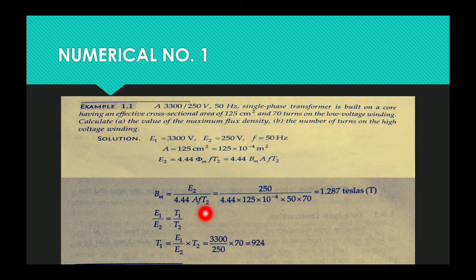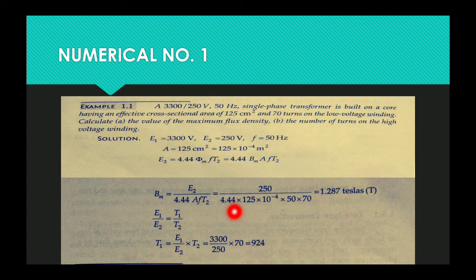So 250 by 4.44, area is 125 centimeter square, that means 125 into 10 to the power minus 4 meter square, into frequency is 50 Hz and 70 turns on low voltage winding.